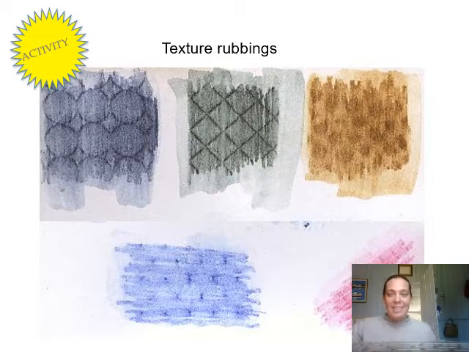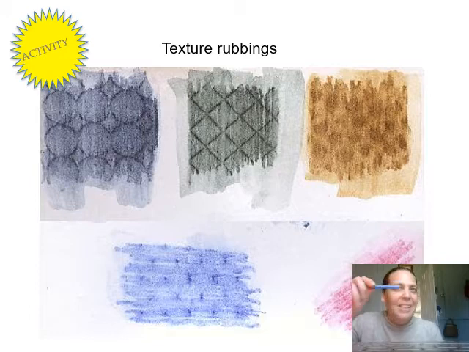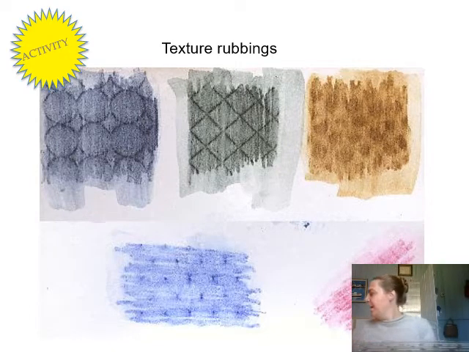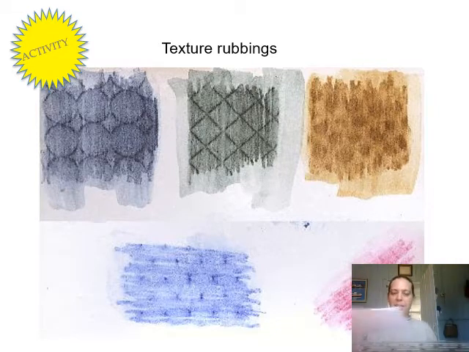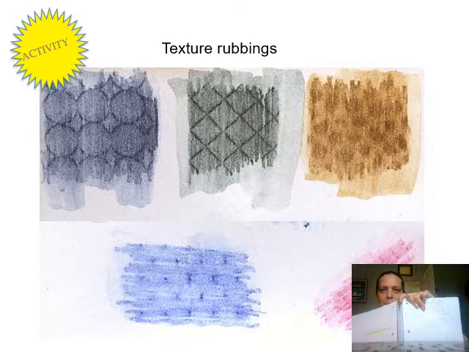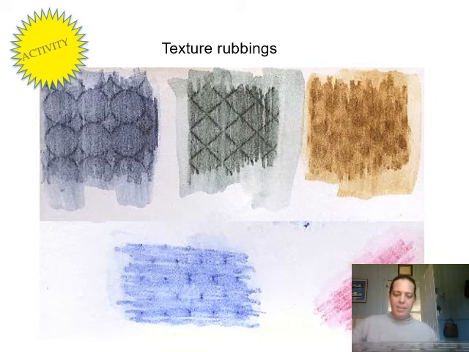For this activity, we're going to pull in the peeled crayon and try doing the classic activity of a texture rubbing. That is when you set a sheet of paper on top of a textured item. Maybe I'll use the spiral of my book here. And you just rub your crayon. I need a tripod.